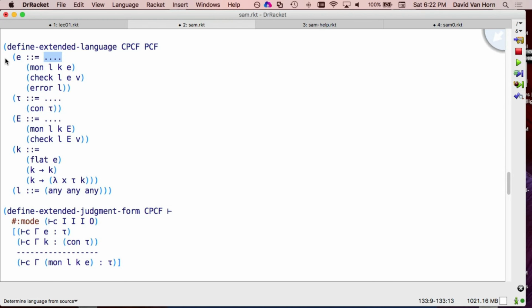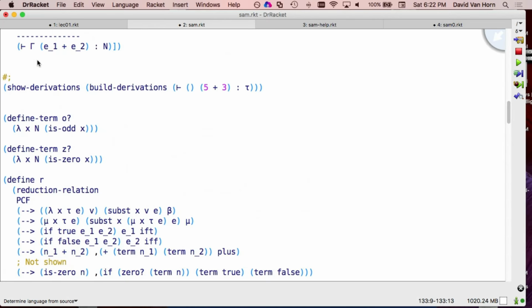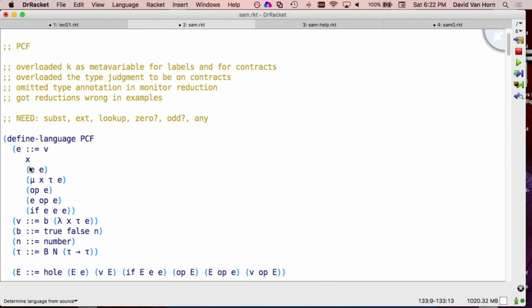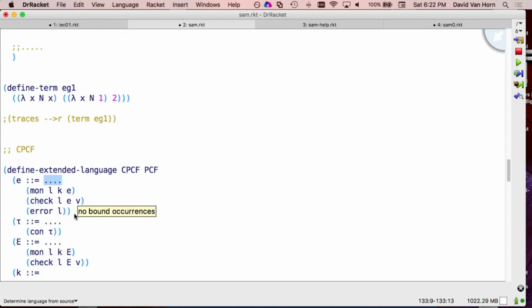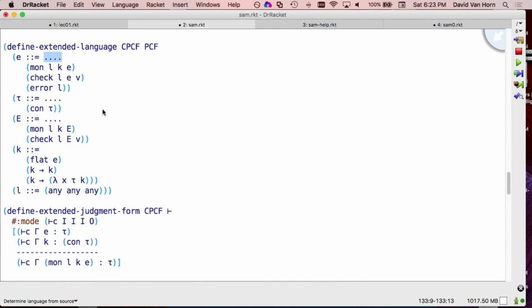That sounds obvious, but it's subtle, because it also means that the occurrences of E in the PCF definitions are reinterpreted in terms of CPCF. It's as if I had copied and pasted all of this into the dot ellipses here. So I extend the expressions, the types, and the evaluation context.